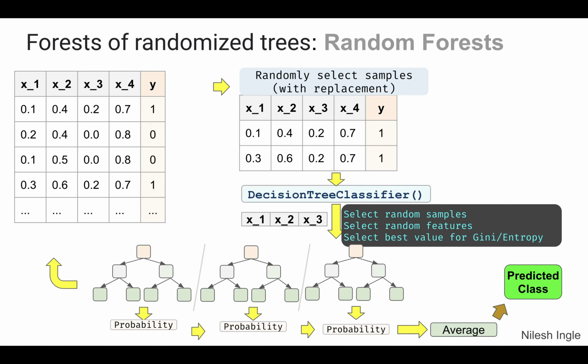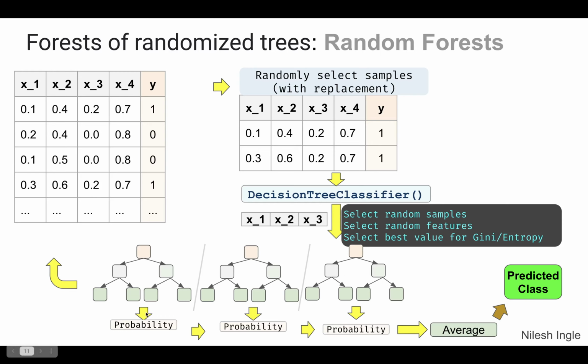So based on the priority of nodes from top to bottom, those are selected here. So based on the best value of Gini or entropy, we then build the trees. So we build more than one tree, and the trees can be of different shapes. Here I'm showing the same shape.